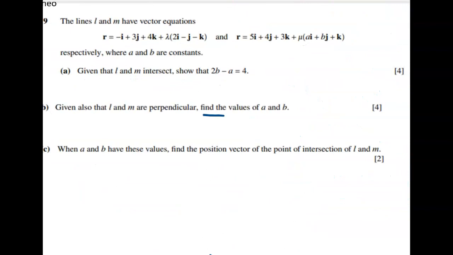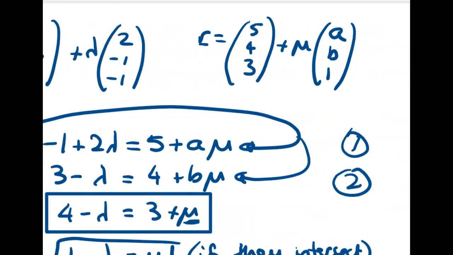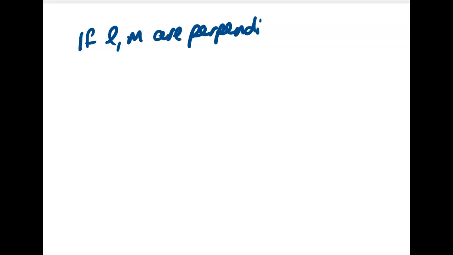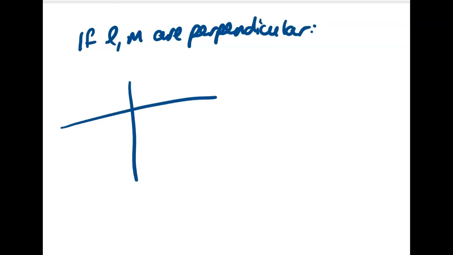Given also that they're perpendicular, find the values of a and b. Right, so now we're going to work with the direction vectors. So if L and M are perpendicular, then we've got the direction vectors. So let's just draw a picture.